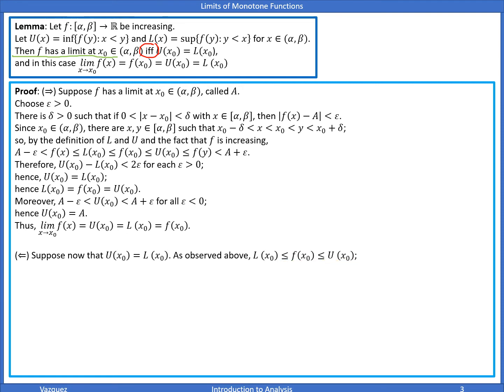That's just because of how U and L are defined. Well, we have that U of x naught is equal to f of x naught, which is equal to L of x naught. So what do we need to show? Well, we need to show that f does indeed have a limit at x naught, and that limit is what we'd expect it to be. The limit as x approaches x naught of f of x is equal to f of x naught.